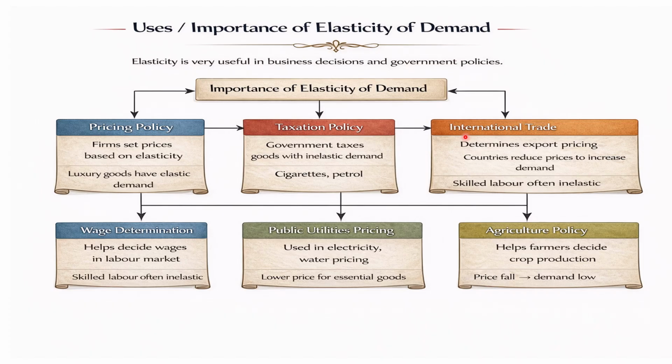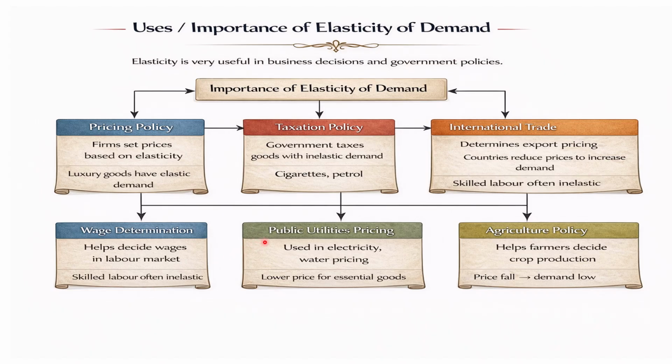The third one is international trade, in which elasticity helps determine export pricing policy, where countries sometimes reduce prices to increase foreign demand. The next one is wage determination, in which elasticity of demand for labor helps determine wages in the labor market. For example, demand for skilled labor is often less elastic.